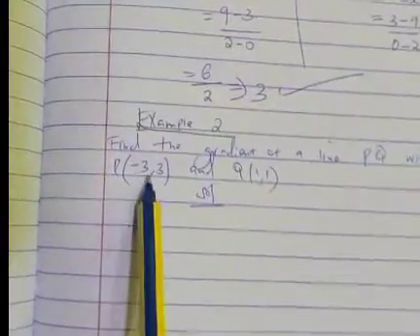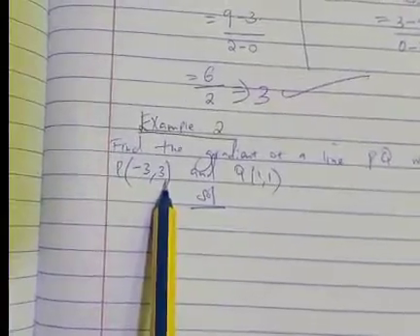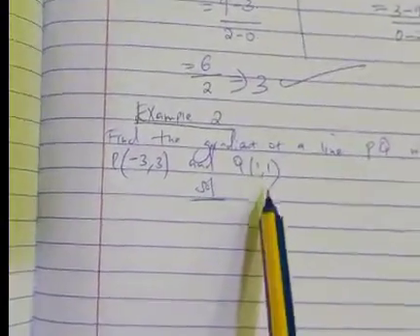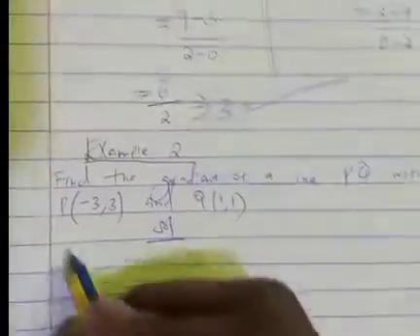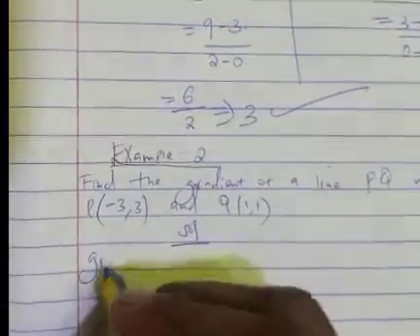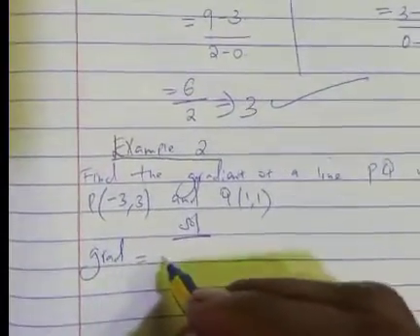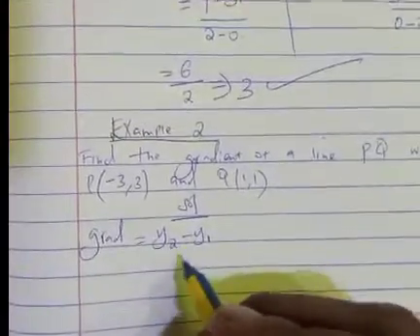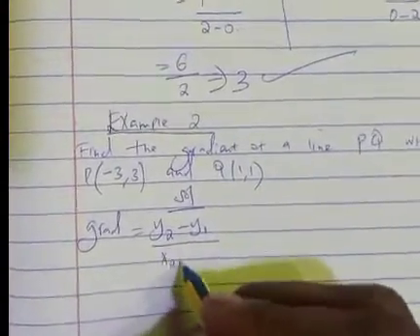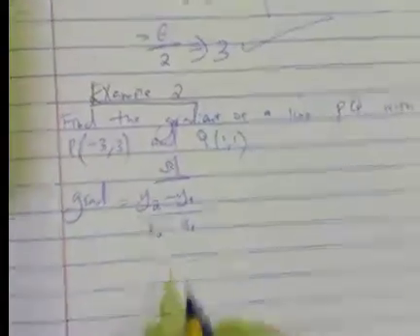So example 2, we are told find the gradient of a line PQ with coordinates P having coordinates negative 3 and 3, and Q has coordinates 1 and 1. So we know that gradient is the same as y2 minus y1 over x2 minus x1.